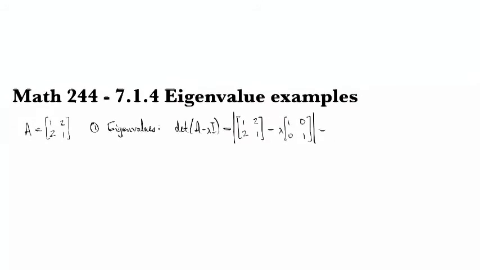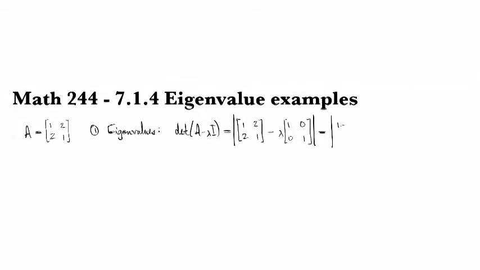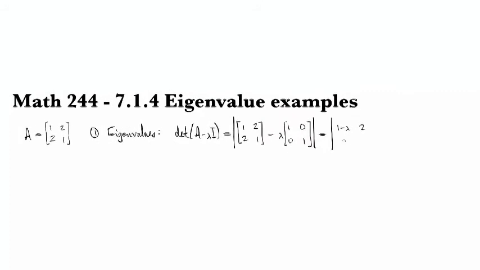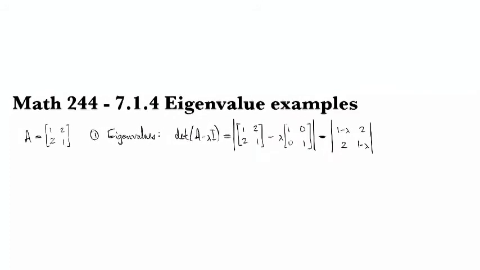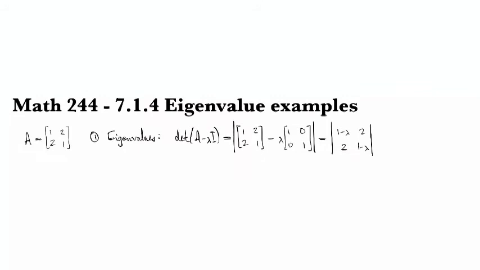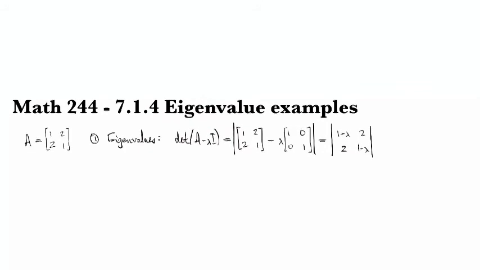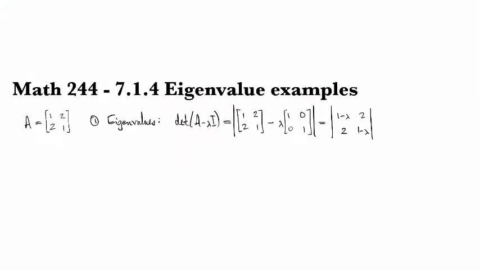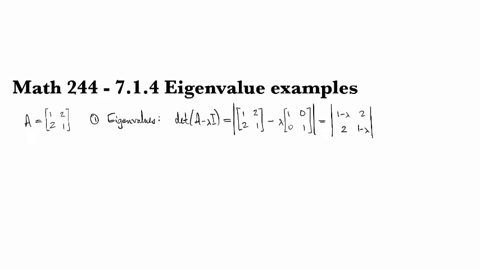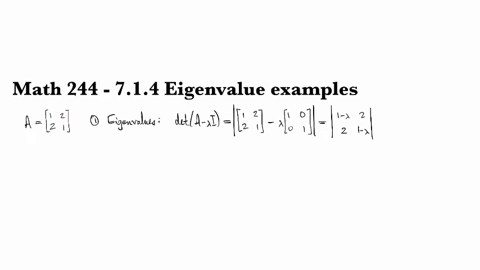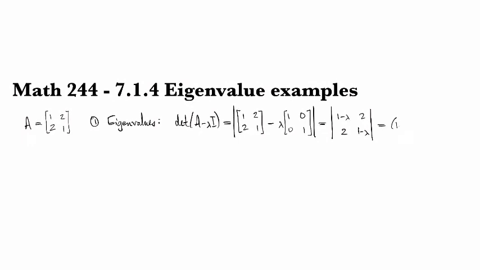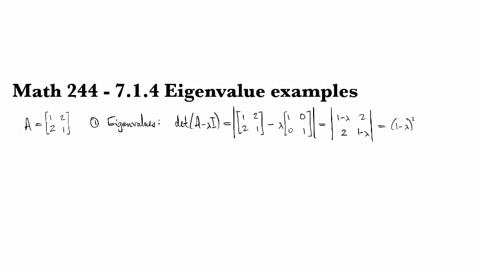So that means we're taking the determinant of [[1 minus lambda, 2], [2, 1 minus lambda]]. In other words, we've effectively just subtracted lambda from the diagonal. Now, using the formula for the determinant of a 2 by 2 matrix, this is going to be (1 minus lambda) squared minus 4.